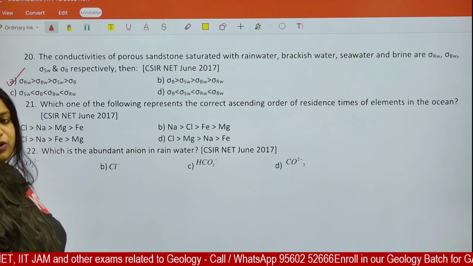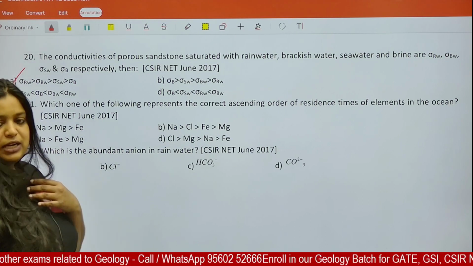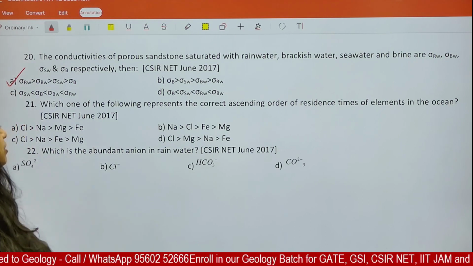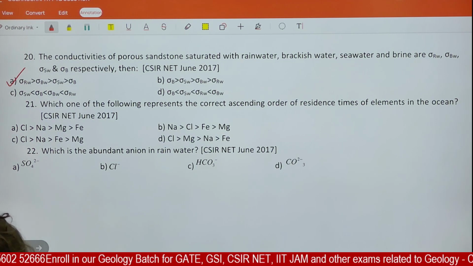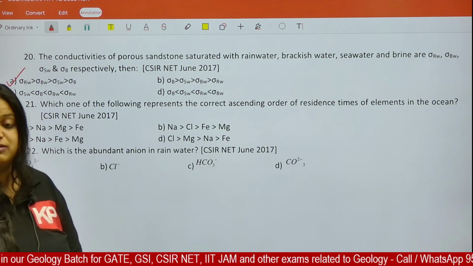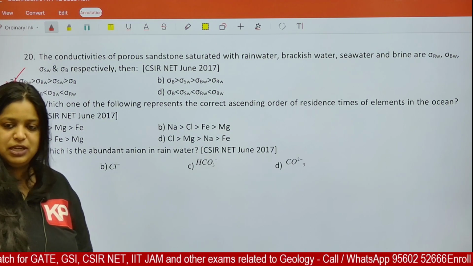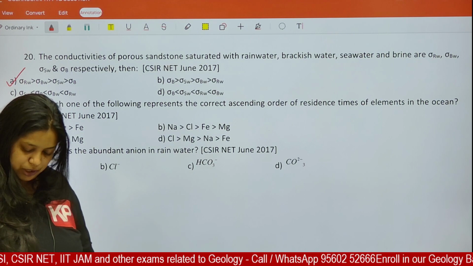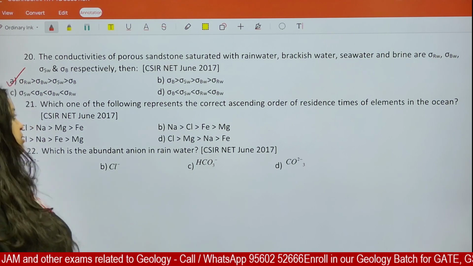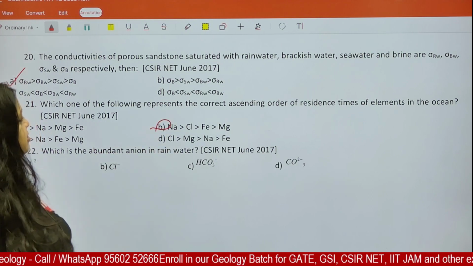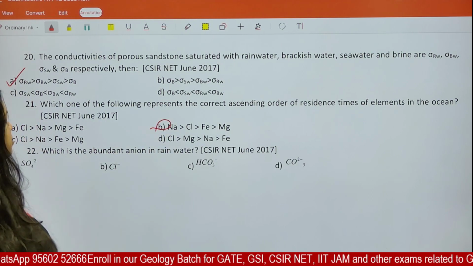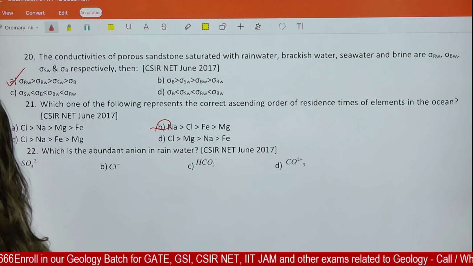Which one of the following represents the correct ascending order of residence times of elements in the ocean? Again, another question from residence time. I was telling you this is a very important section. The ascending order of residence time will be sodium, then chlorine, iron, and magnesium.